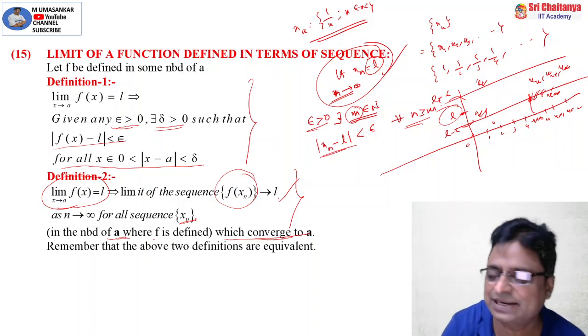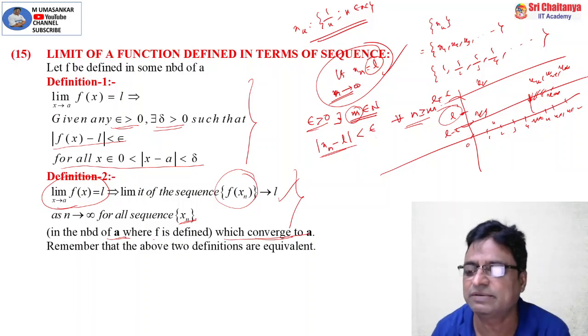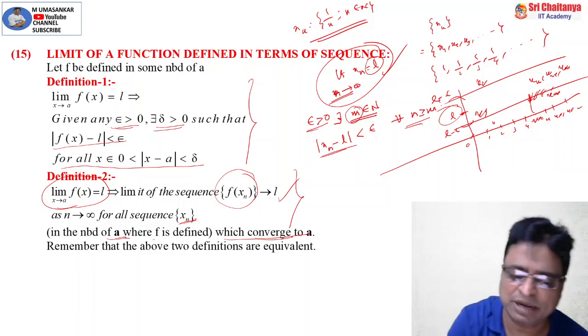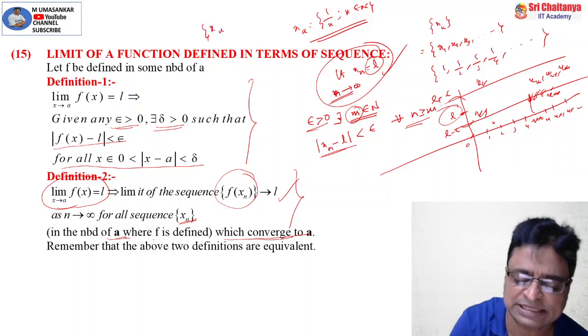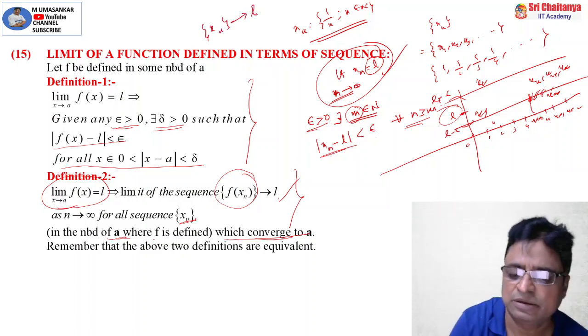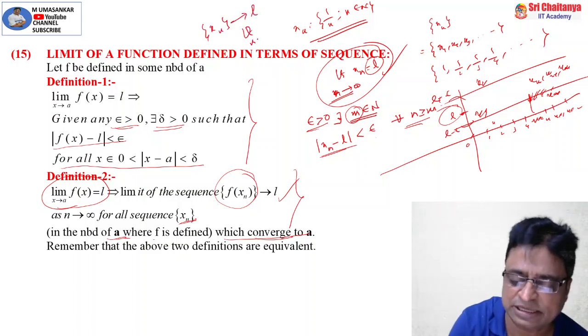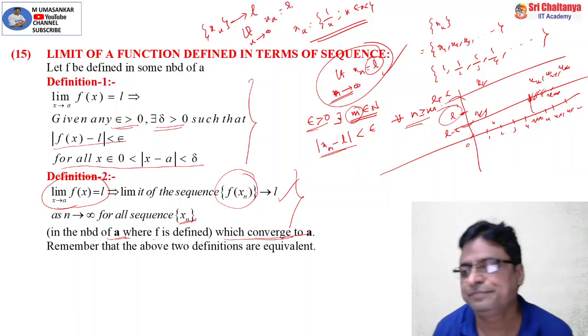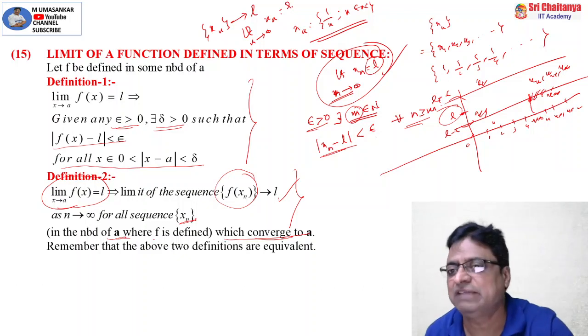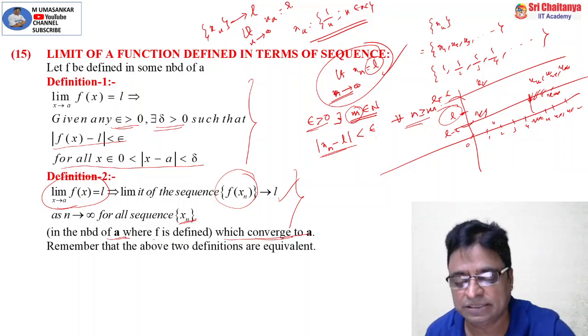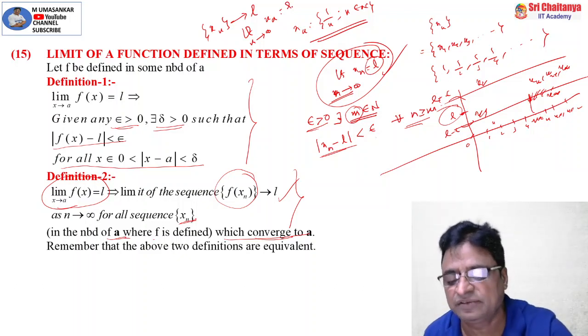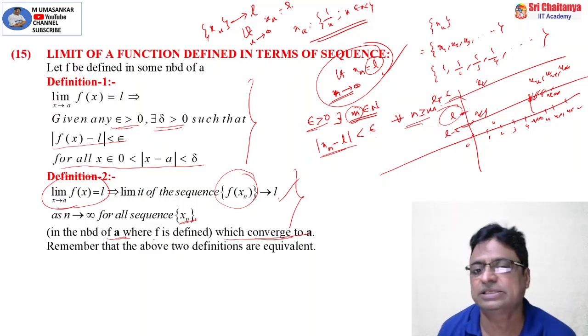So the sequence xn has limit L means what? The sequence xn is converging to L. Symbolically we can represent it as: sequence xn converges to L. But we can also write it as limit as n tends to infinity of xn is equal to L. Both are the same. In sequence language we represent the converging of the sequence like this; in limit form we can represent it like this.